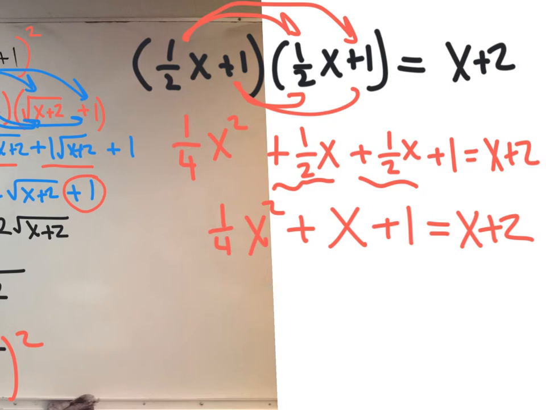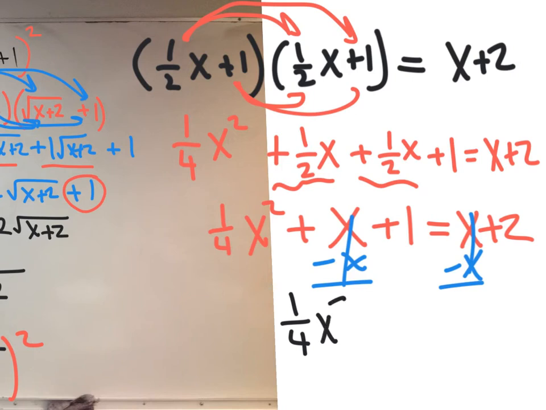Check this out. If I subtract x, cancel, subtract x. It doesn't matter if you're thinking of moving it from this side to this side or this side to this side. The x's cancel. They disappear. What do you have left? Let me rewrite what I have left. I have a 1/4 x squared plus 1 equals 2.